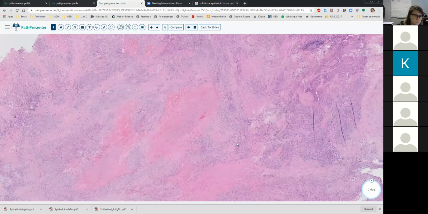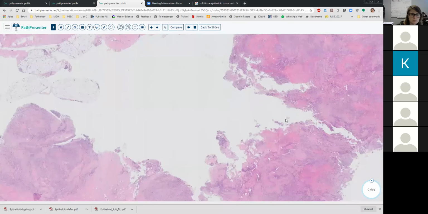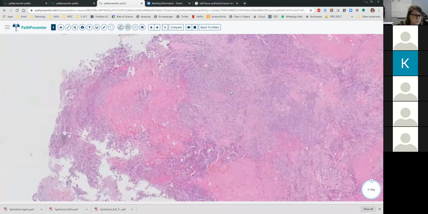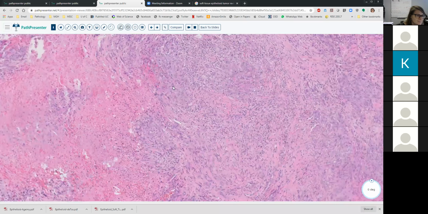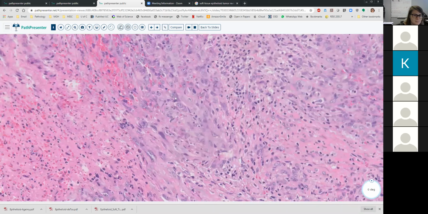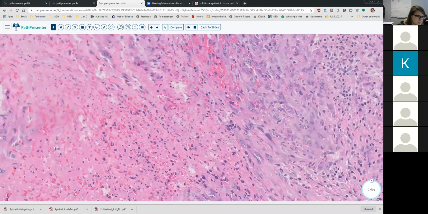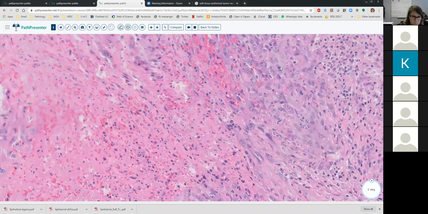There's a little bit of fat on the left side, but even at low power, we can see it's kind of these sheets of cells with kind of amphophilic cytoplasm. There's a decent amount of pleomorphism. There's necrosis kind of in the left corner there. We also see some extravasated blood.